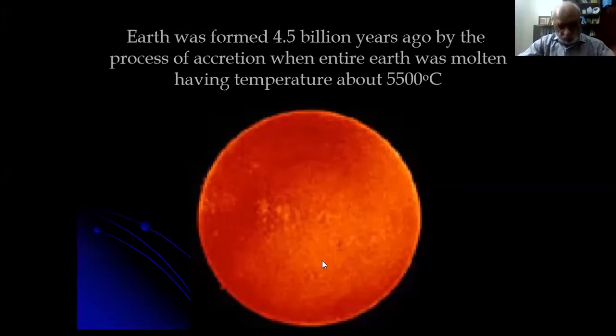So the initial Earth was completely molten. It's a very high temperature, iron and nickel, everything was very much molten.